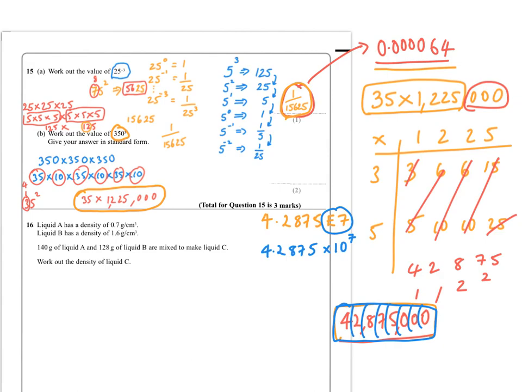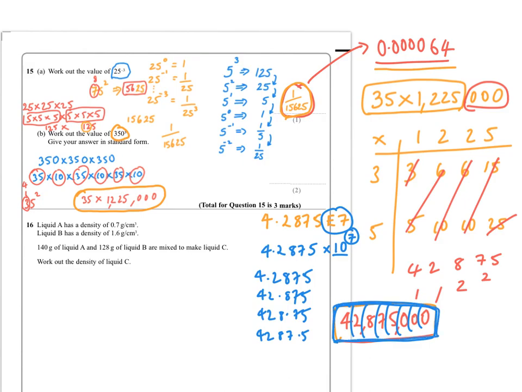So that's why we have 4.2875 times 10 to the 7, because if we had 4.2875 and we times it by 10 7 times, this number would get 10 times bigger, so we'd have 42.875, so that's timesing it by 10 once, then we'd times it by 10 twice, 3 times, 4 times, 5 times, 6 times, 7 times, and we'd end up here.